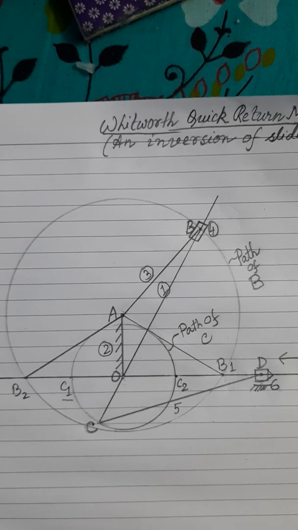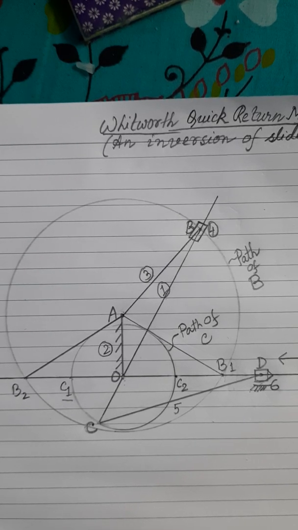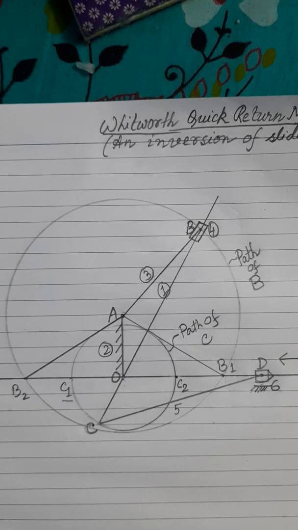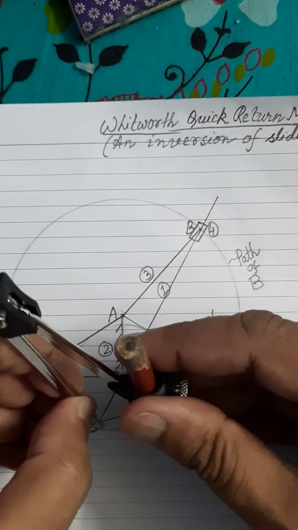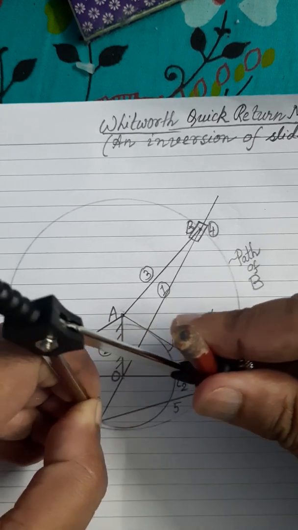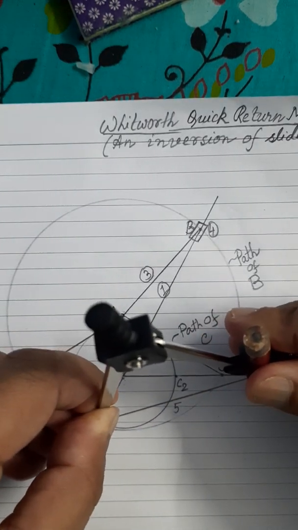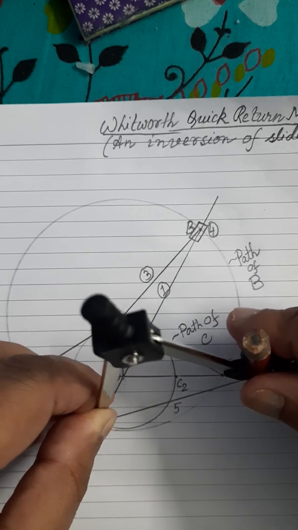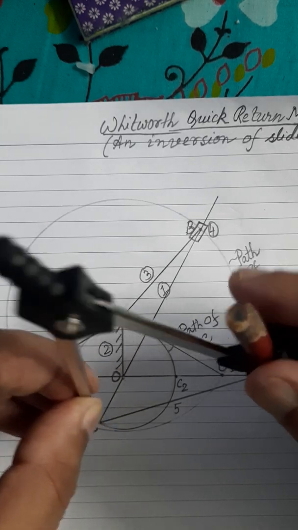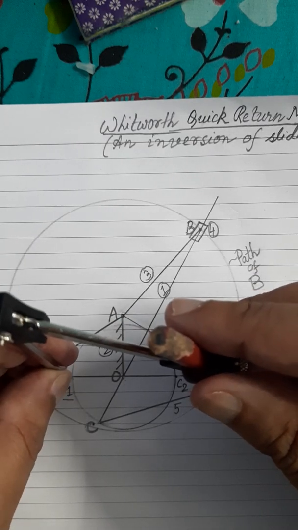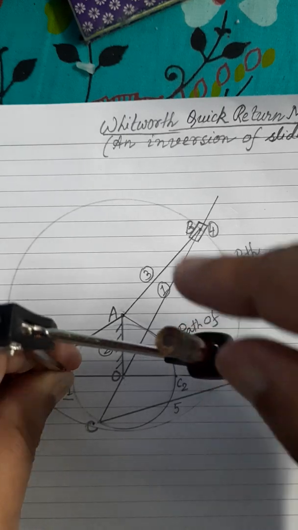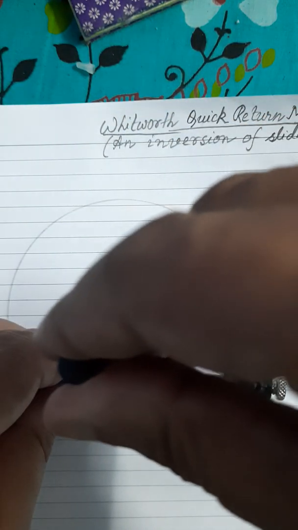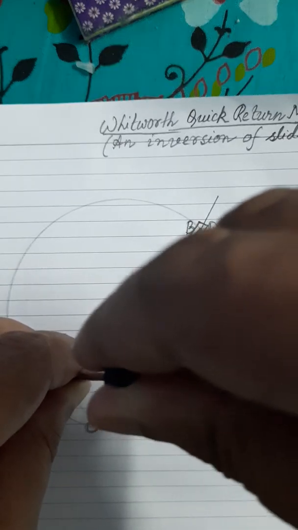Now we can have D1 and D2, that is extreme left position of D and extreme right position of D. How? Length CD is fixed. So what we will do, we will take this length CD like this. With the help of one compass, I am taking the length CD. Now as we have obtained position of C1, so taking C1 as center, CD as radius, I am cutting on the stroke line like this.